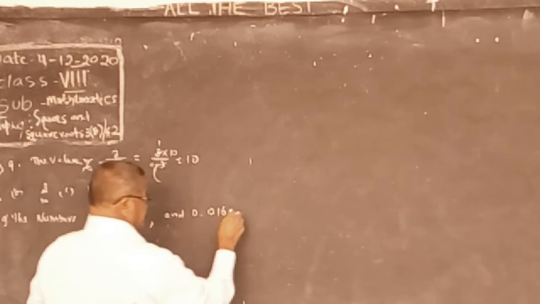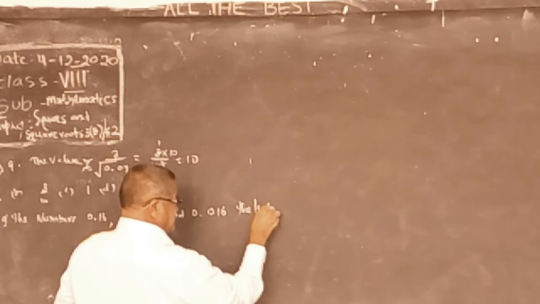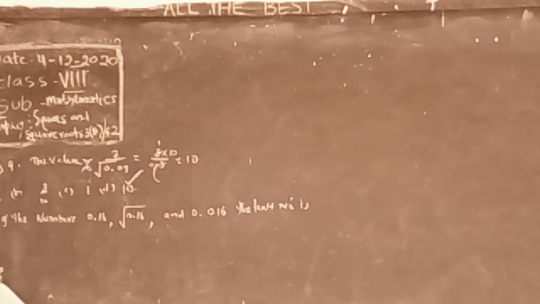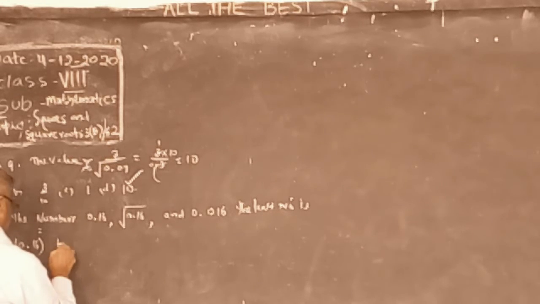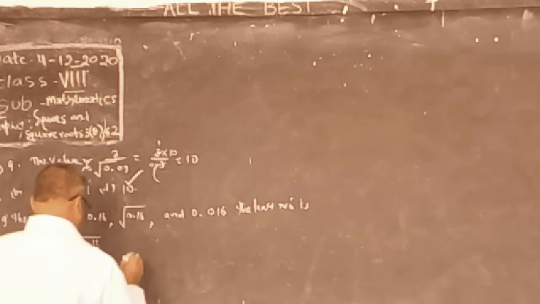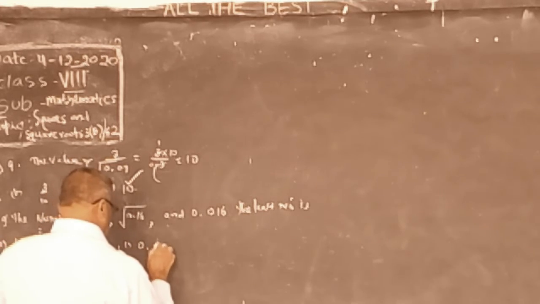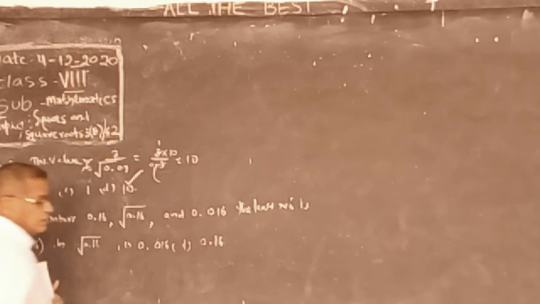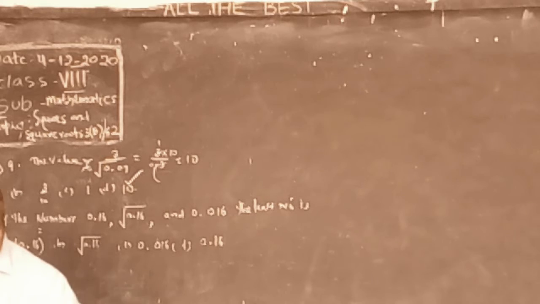The least number is: A, 0.16 squared; B, 0.16; C, 0.016; D, 0.16. See here, 3 numbers are given.